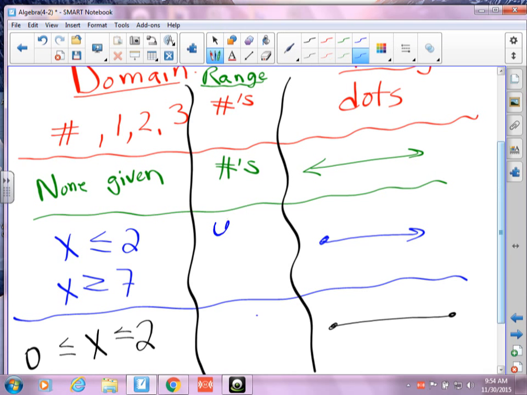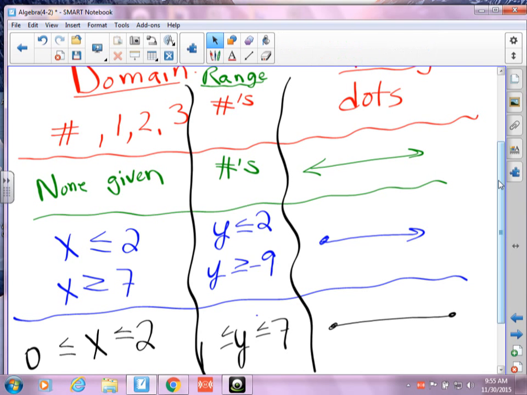Here, they're going to look like this. And here, your range is going to look like this. So it could be like whatever numbers you want, like 1 and 7. Here, this could be like 2 and -9. I mean, it could be numbers. You leave that. Yep, I'll leave it up there.